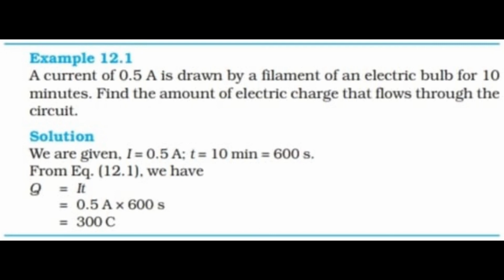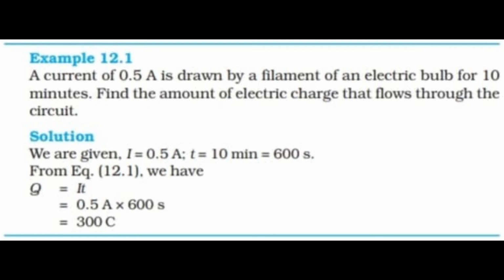Solution. Given a current of 0.5 ampere, I is equal to 0.5 ampere. For 10 minutes, t is equal to 10 minutes.